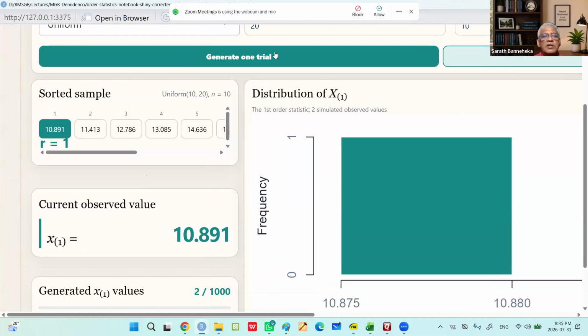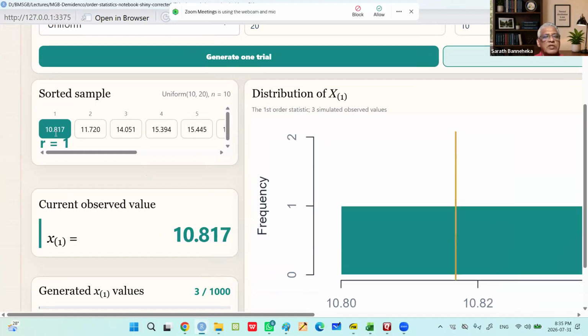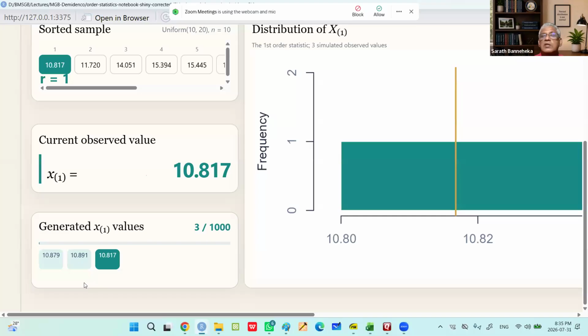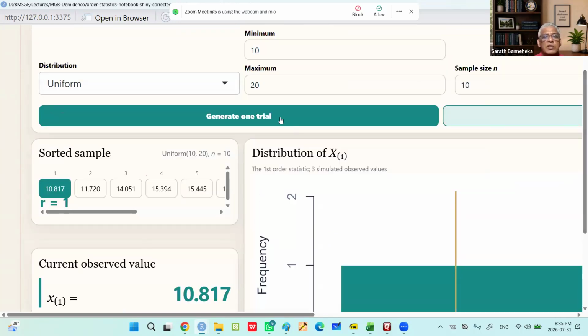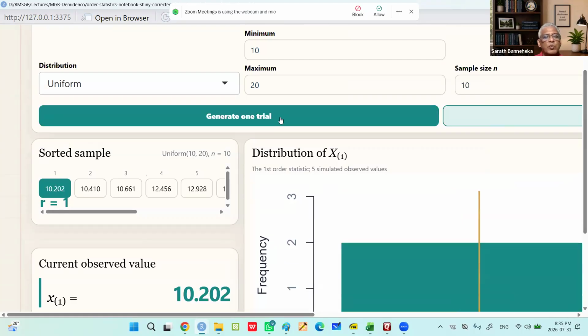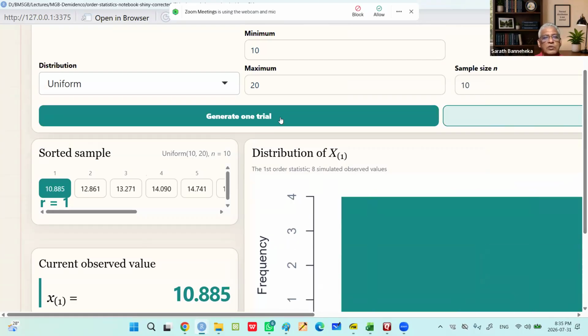So let me generate another random sample of size 10. So in that sample, the minimum value is this number, 10.817. So that value is shown here with the vertical line, right? I have now generated three values, right, from three samples. So these are my three possible values for the minimum, right? So like that, let me generate more and more observations by clicking on this button, right?